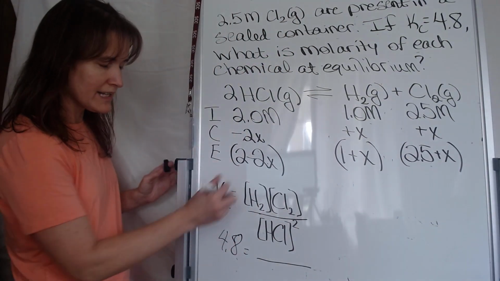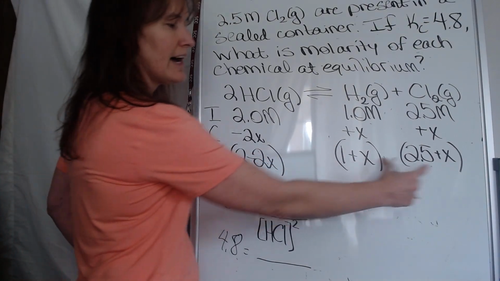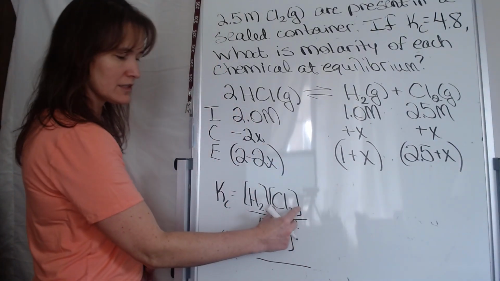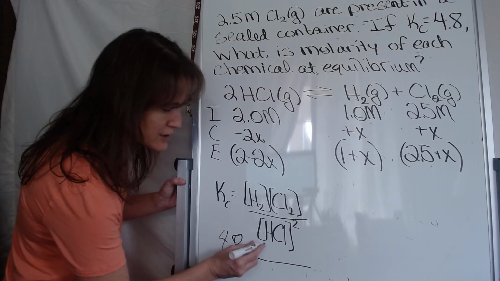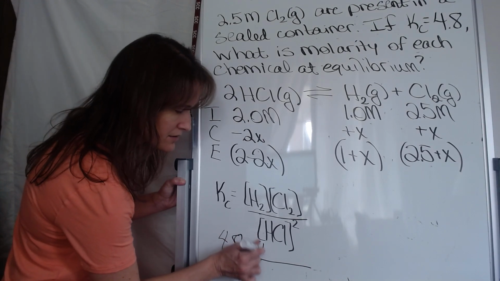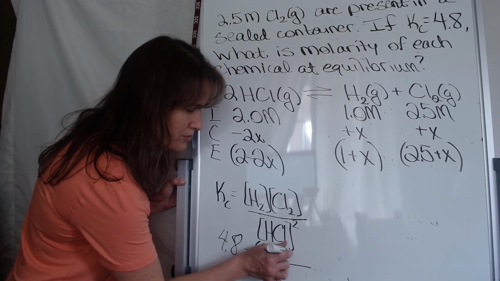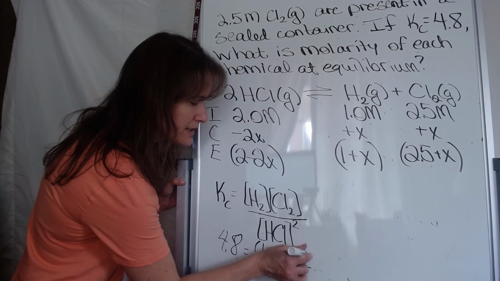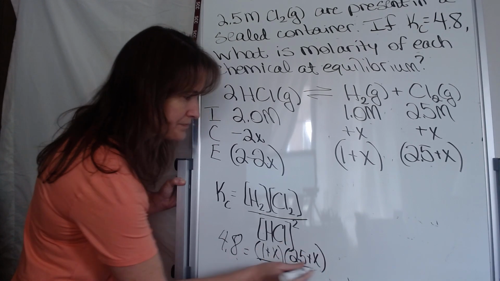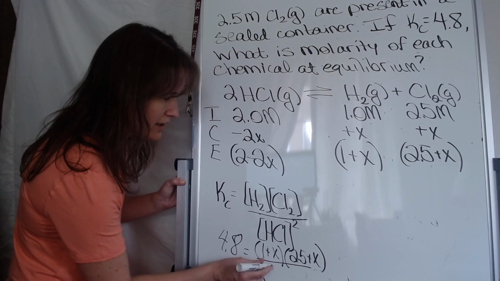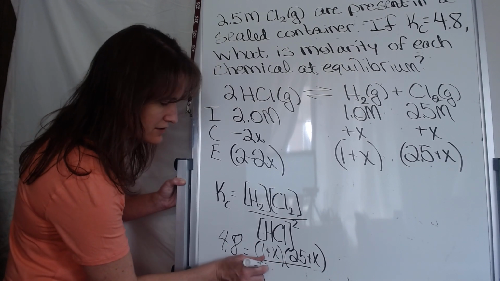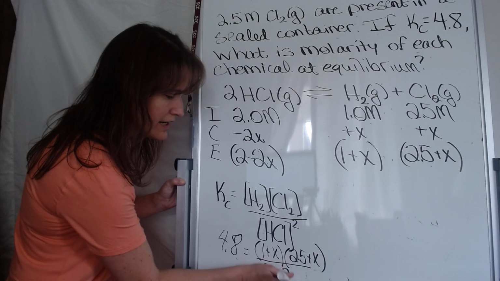And so you're going to plug in each of these. The entire expression goes into its location. So for hydrogen, it's 1 plus x. For chlorine, it's 2.5 plus x. And for HCl, it's 2 minus 2x, squared.